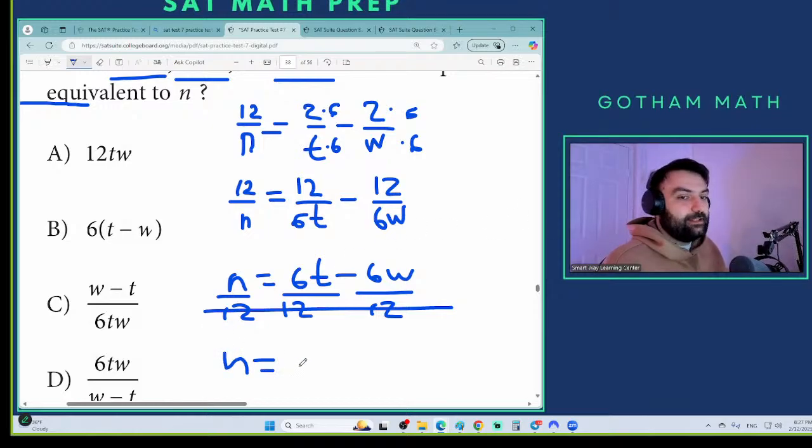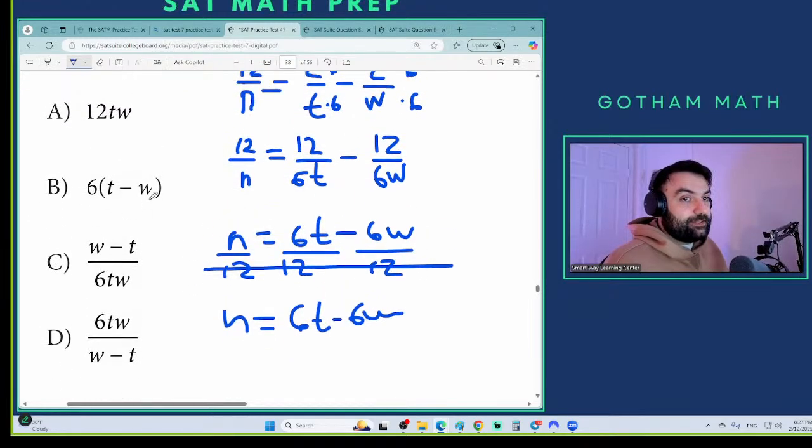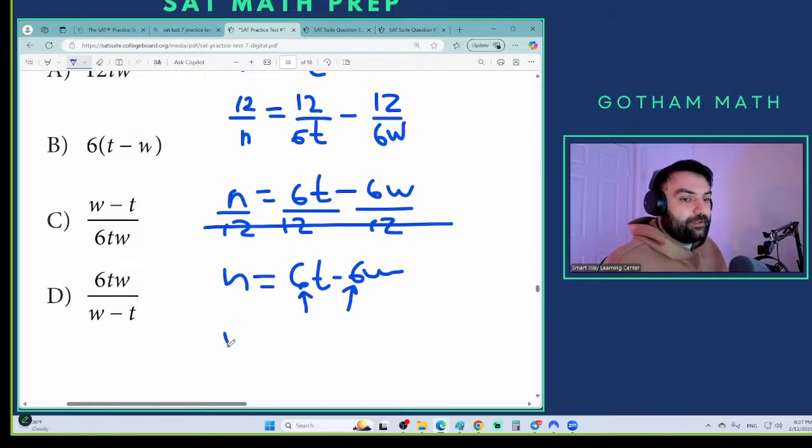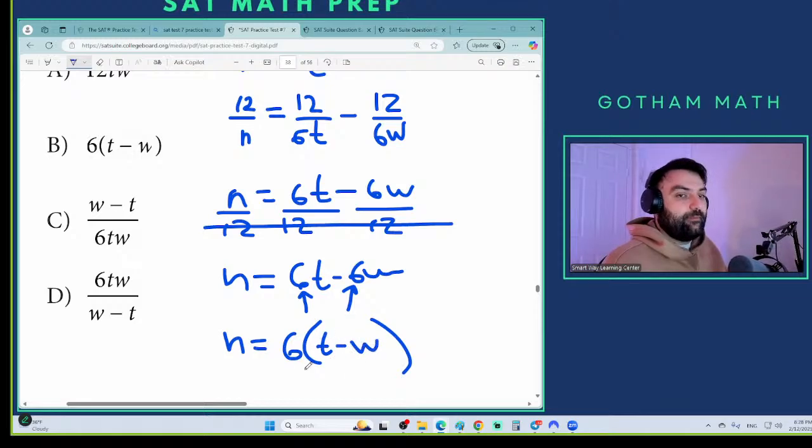So we get n equals 6t minus 6w, which is not here. Why not? Because this has 6 and this has 6 that we can factor out. So it's going to be n equals 6 factored out outside, and inside we're going to have t minus w, which is b.